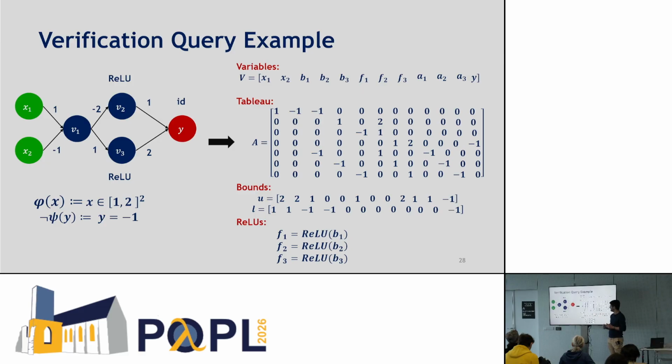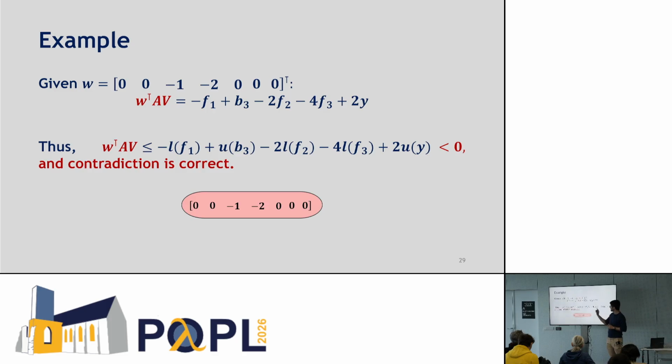Again, it is too technical, but we will cover this proof of unsatisfiability, this W. We can see that if we take this vector and multiply it in this tableau, we get this combination of the variables.